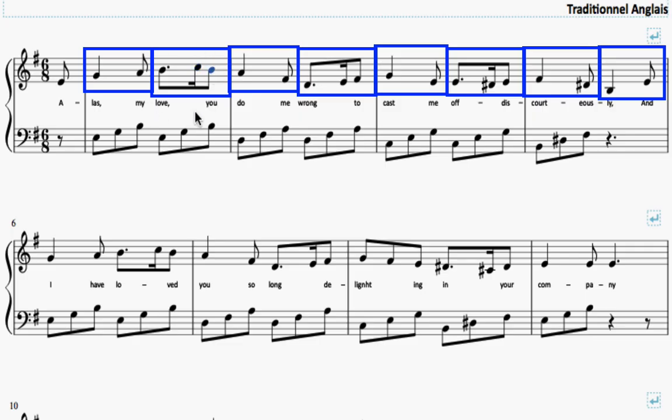So this is six sixteenth notes. This note happens slightly after the second eighth note, which is not played here. So this is 4, and then this is 6, and this happens right after where 5 would happen.